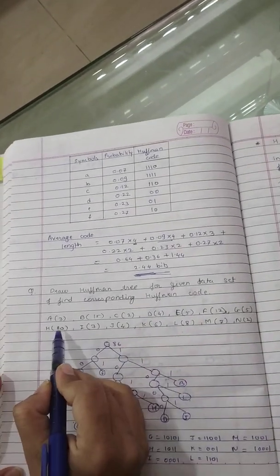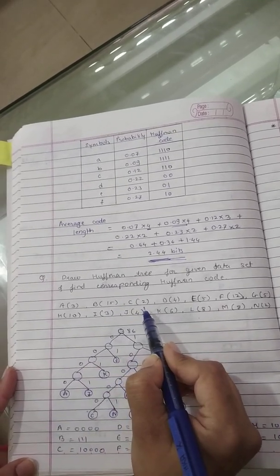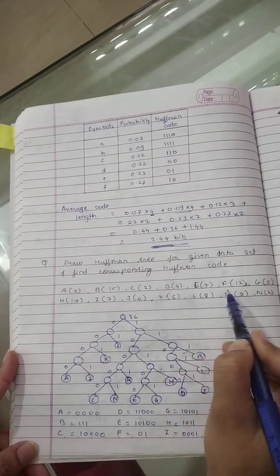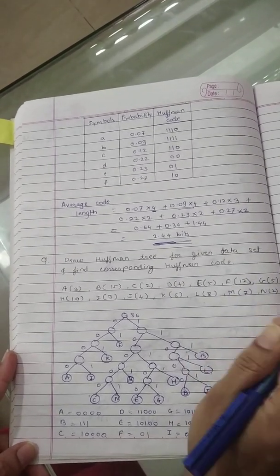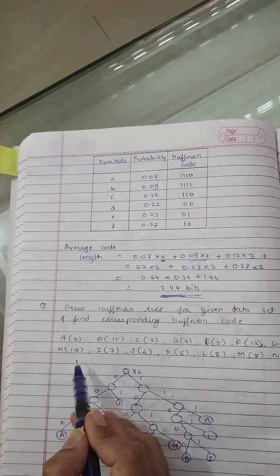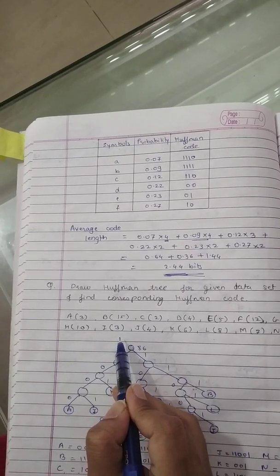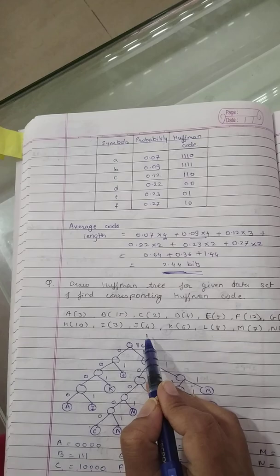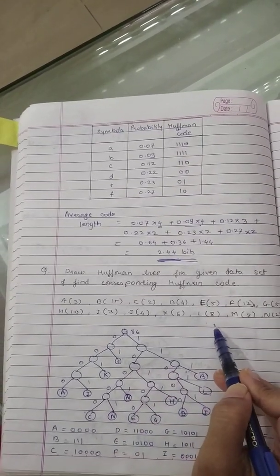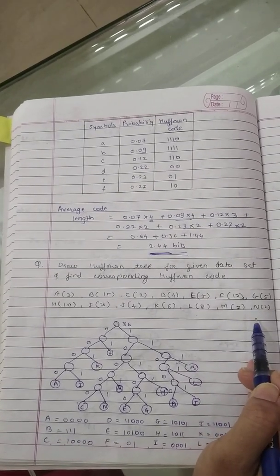Here A is having probability 3, B is having probability 12, C is having probability 2, D is having probability 4, E is having probability 5, F is having probability 12, G is having probability 5, H is having probability 10, I is having probability 3, J is having probability 4, K is having probability 6, L is having probability 8, M is having probability 7 and N is having probability 12.